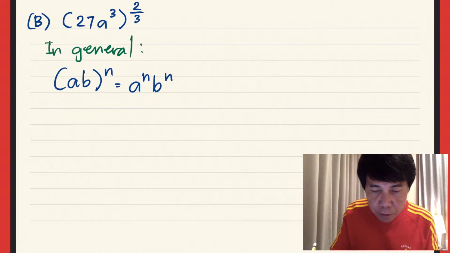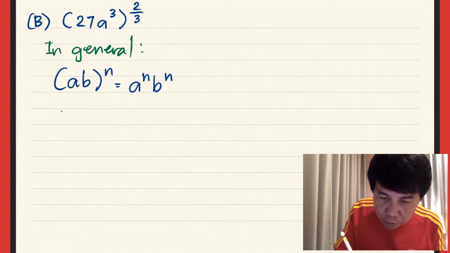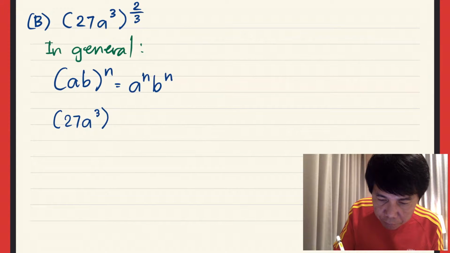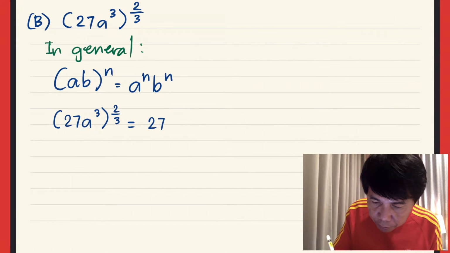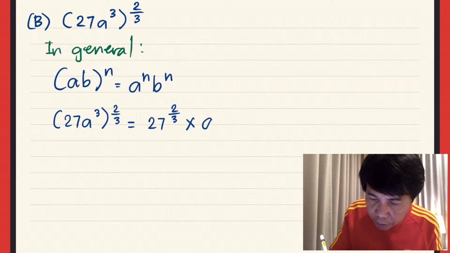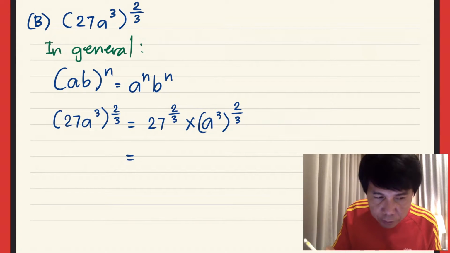So in this case, we first rewrite (27a raised to the power of 3) raised to the power of 2 over 3 equals 27 raised to the power of 2 over 3 times a raised to the power of 3 raised to the power of 2 over 3.